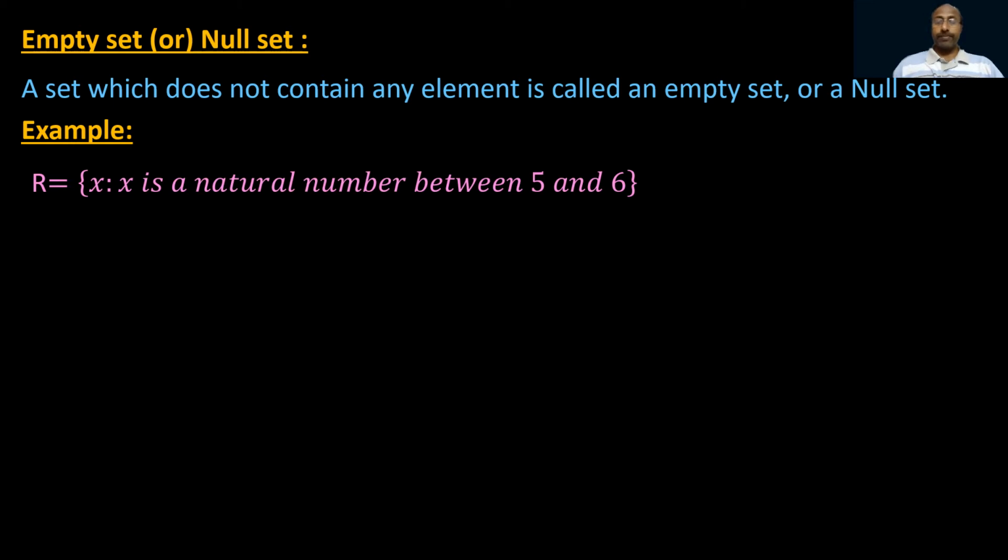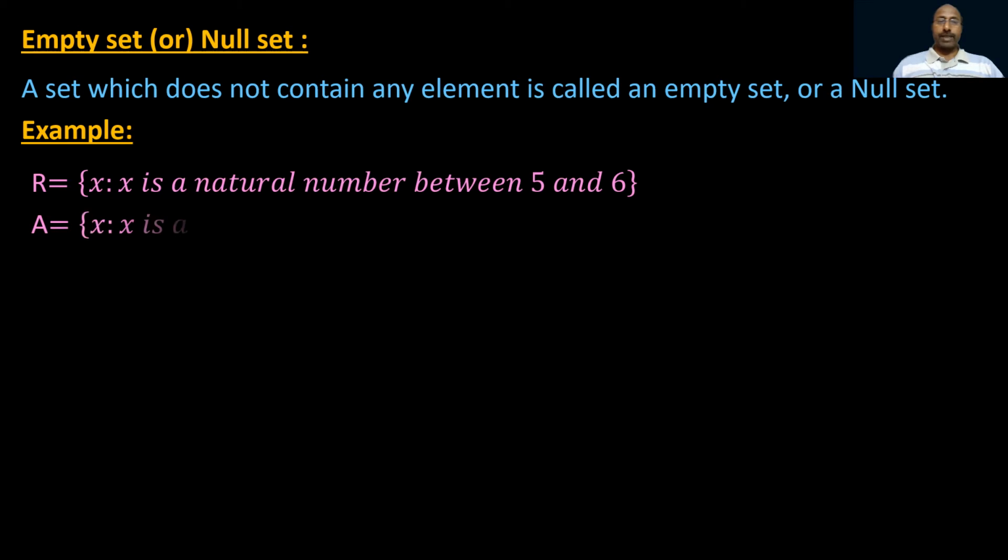Do you think so? There is no natural number between 5 and 6. The natural number after 5 is 6, and the natural number before 6 is 5. So there are no natural numbers between 5 and 6. So R is a null set.